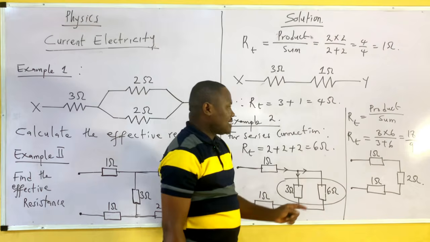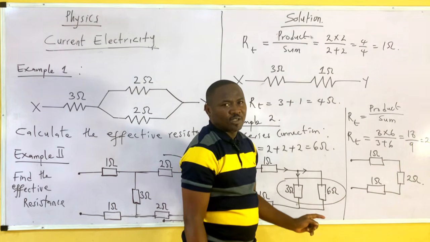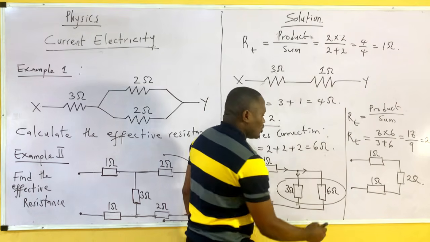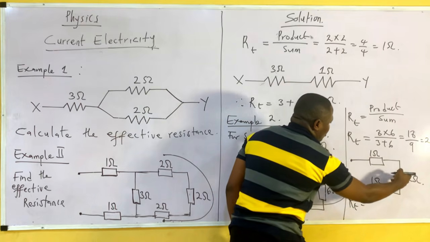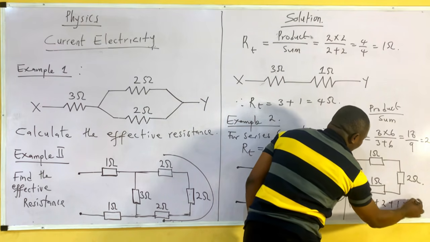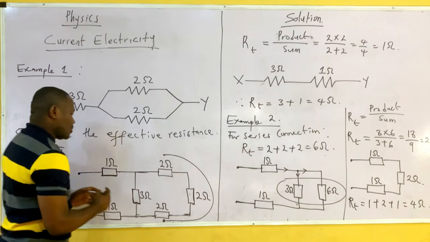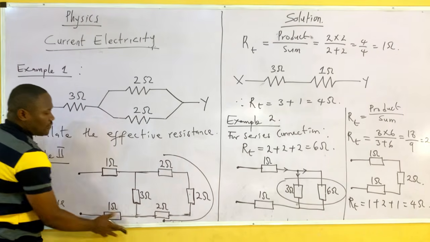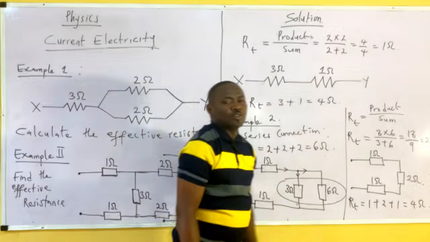Now if you check it, every resistor here is now in series, no longer in parallel. So now our R total will be 1 plus 2 plus 1, which equals 4 ohms. So the total resistance of these resistors here is equal to 4 ohms.